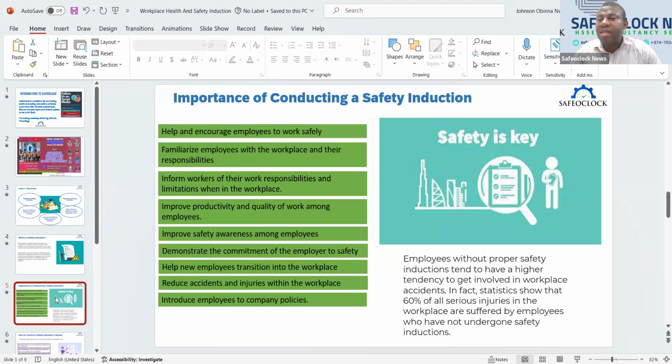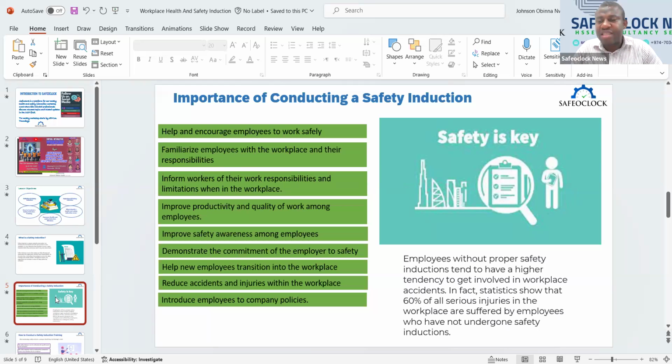So with this, they will be able to avoid some of the implications associated with going against the organization's policy. Safety induction will help to clear their ignorance, and they will be able to transition effectively to this new workplace without causing issues, or causing damage to the organization.